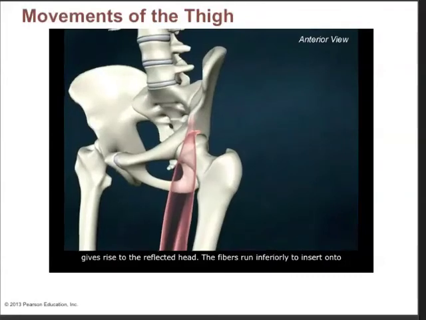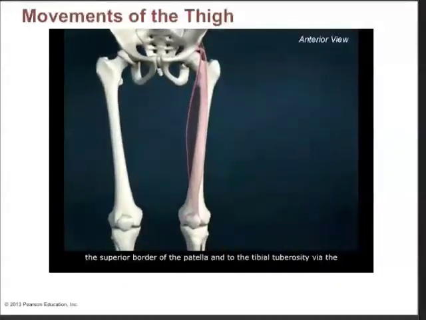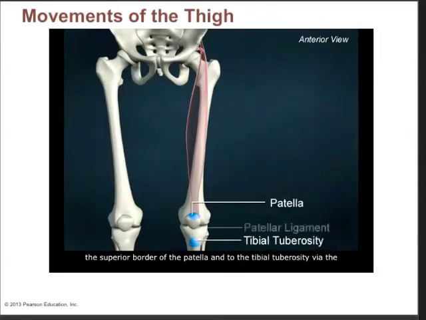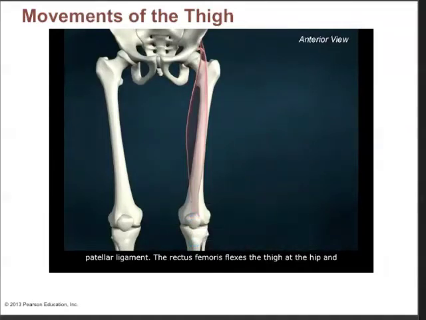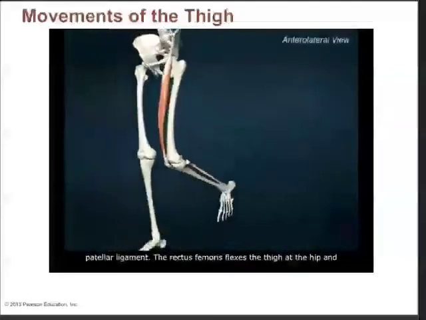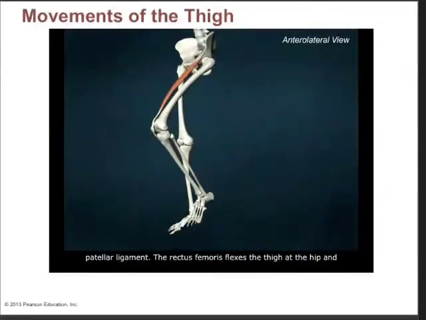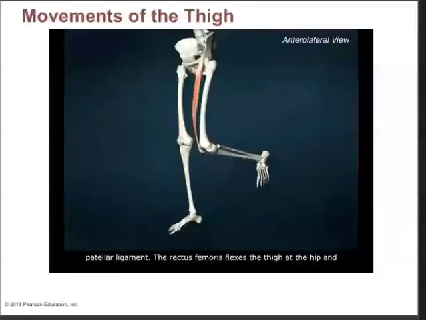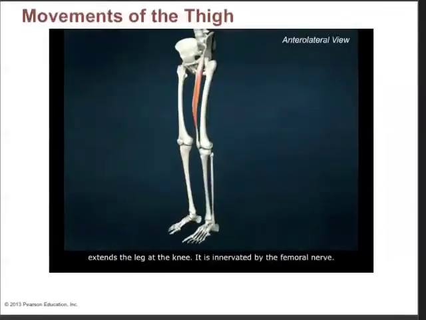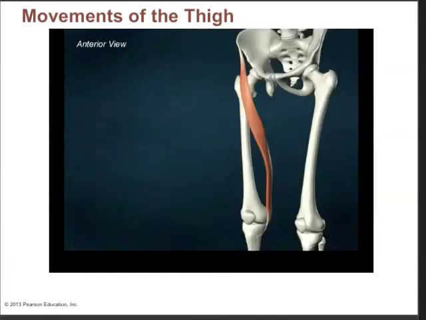The fibers run inferiorly to insert onto the superior border of the patella and to the tibial tuberosity via the patellar ligament. The rectus femoris flexes the thigh at the hip and extends the leg at the knee. It is innervated by the femoral nerve.